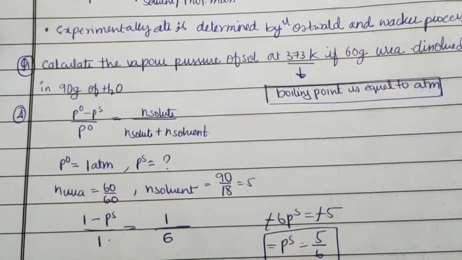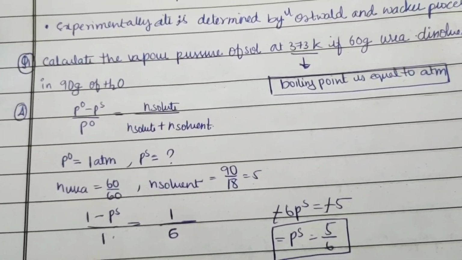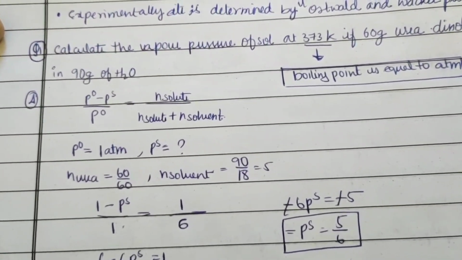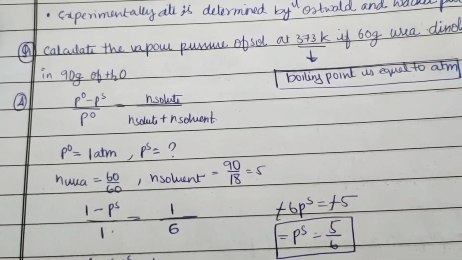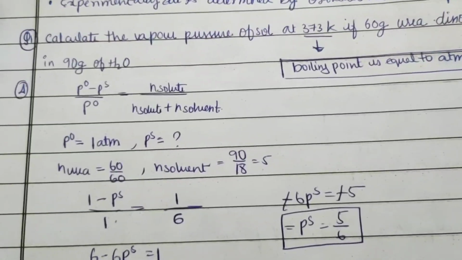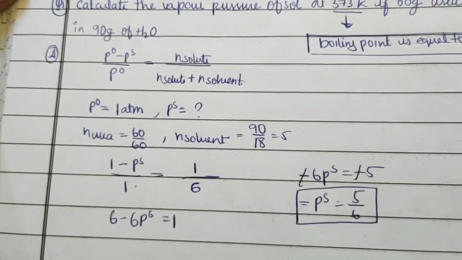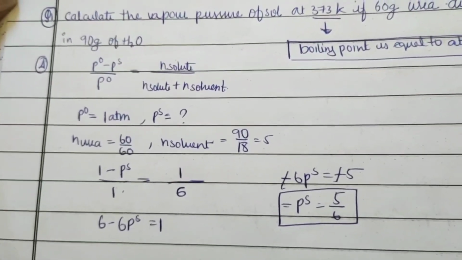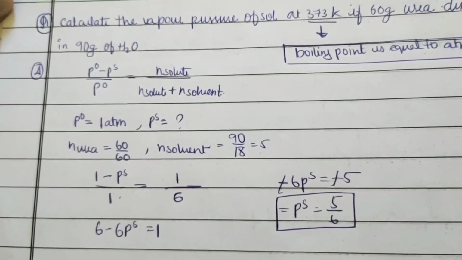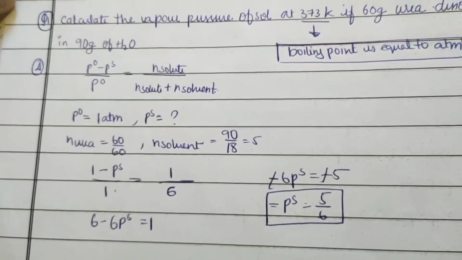Here P naught equal to 1 atm, where PS we have to find. N urea equal to 60 by 60, N solvent equal to 90 by 18 equal to 5. So 1 minus PS by 1 equal to 1 by 6. 6 minus 6 PS equal to 1. So PS equal to 5 by 6.